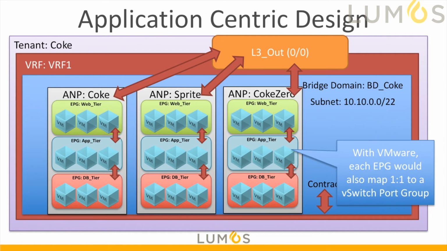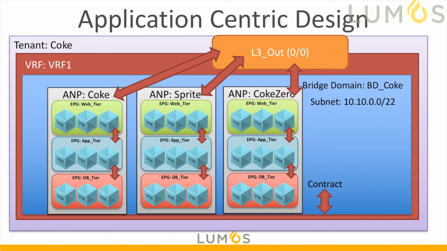So if I'm a vCenter admin and I'm creating a new database server for Sprite, I select the VM guest, I go to the VNIC tab, and out of the drop-down box, I see Tenant Coke, Application Network Profile Sprite, and EPG DB tier. And I know that that's what I have to select for my VNIC to work properly. So it makes things very easy for our server guys as well. But it doesn't stop there.